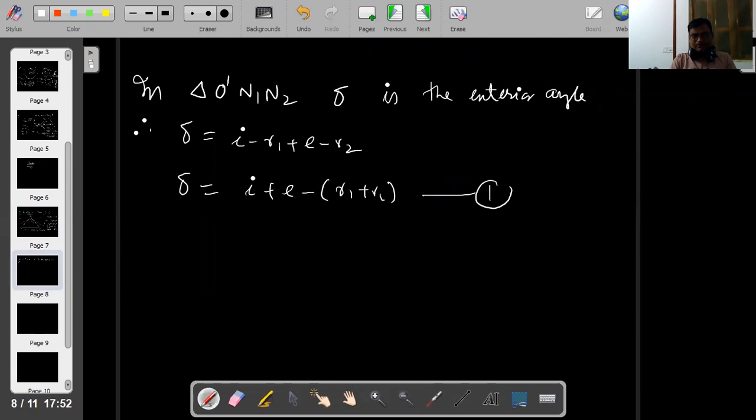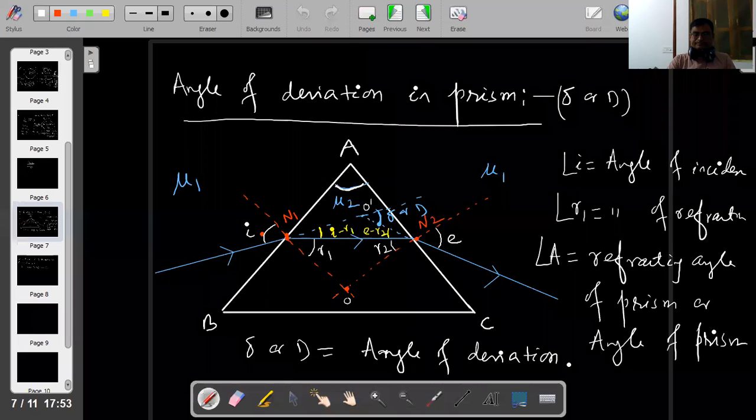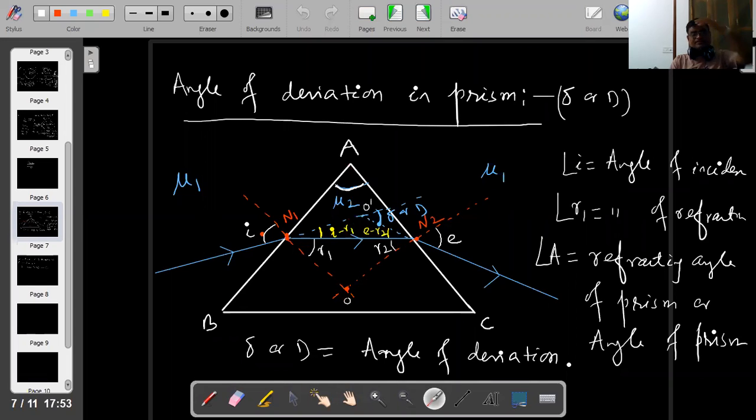Now I have to find out what R1 plus R2 is. Very important, listen carefully. Angle AN1O is 90 degrees and angle AN2O is 90 degrees, so the sum of AN1O and AN2O is 180.